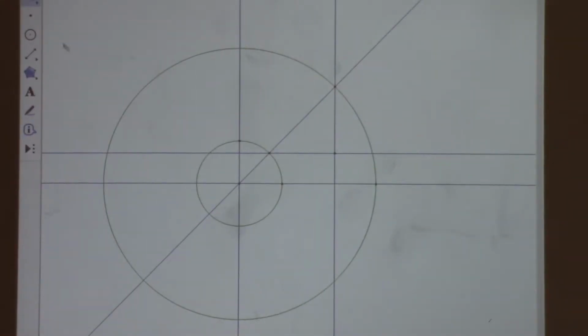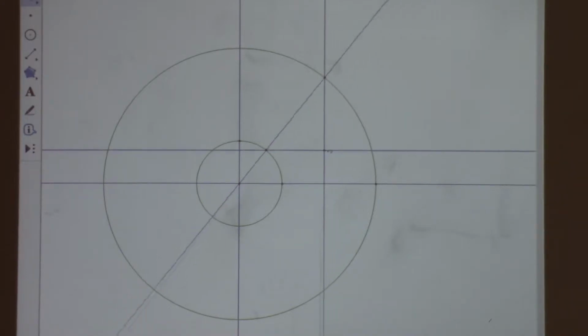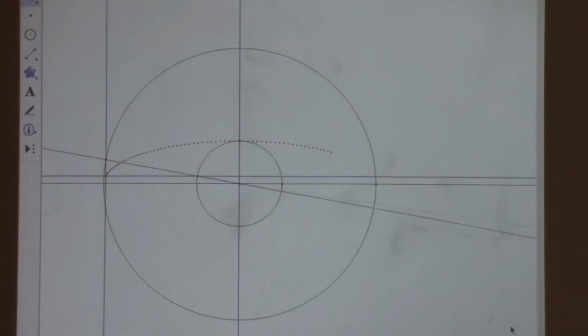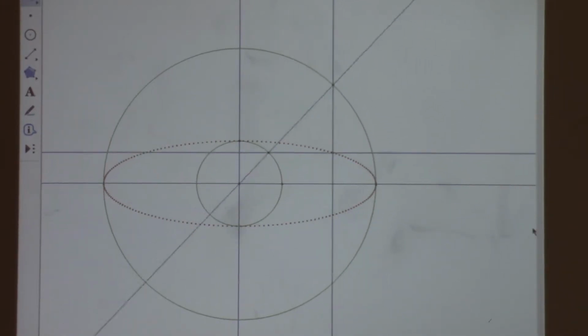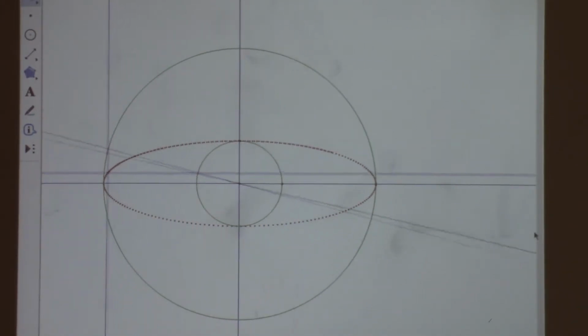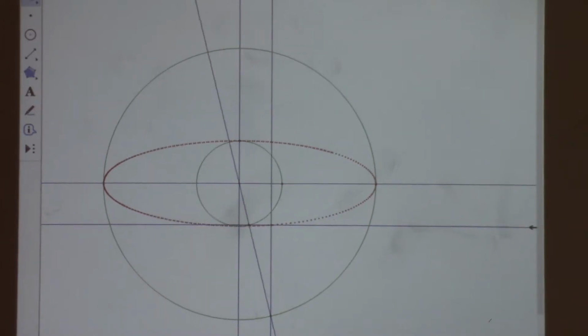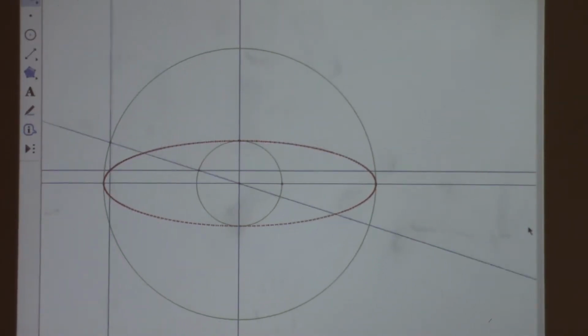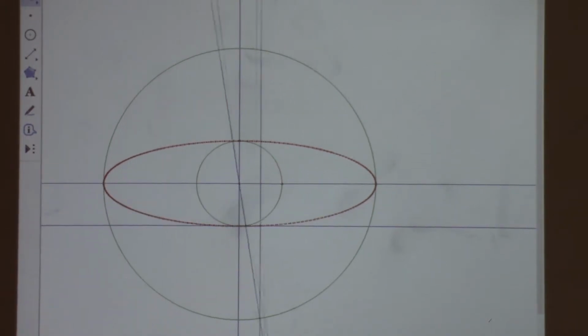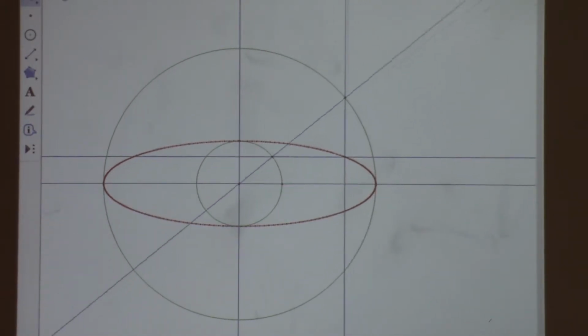This is the parametric equations of the ellipse. Whoa. This is literally constructing the ellipse by constructing a cosine theta and b sine theta. If you slow this down a little bit, you can follow what's going on. Looks like Saturn. Should we pause? Pause.